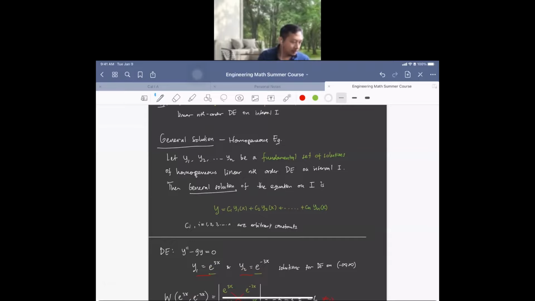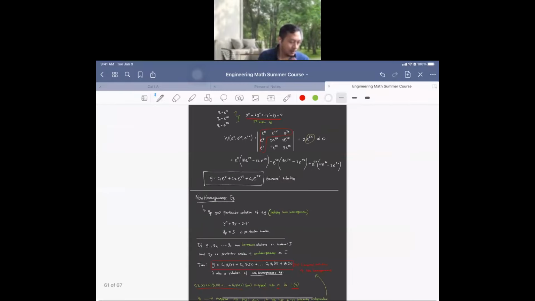And this will be the general solution. When we have the fundamental set of solutions, we can write it as y equals c1 y1 plus c2 y2 and so on, according to how many solutions you have, and that will be your general solution for the homogeneous equation.